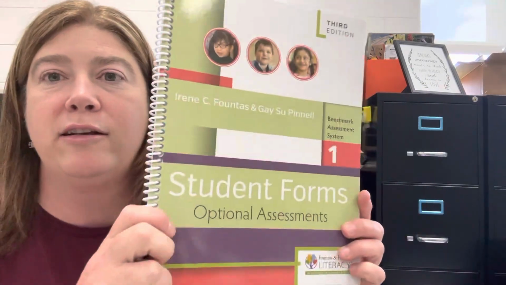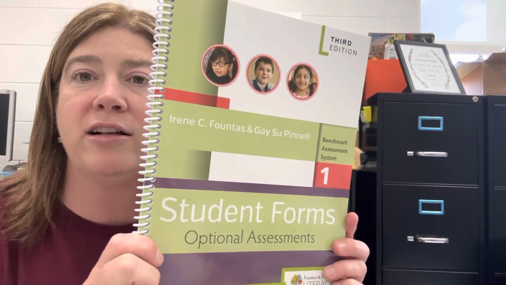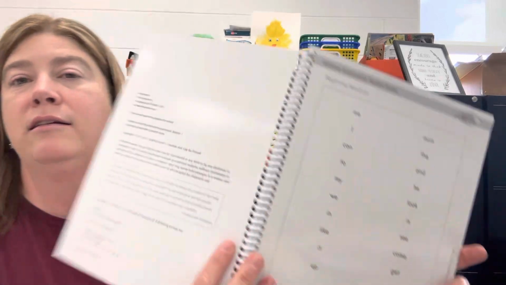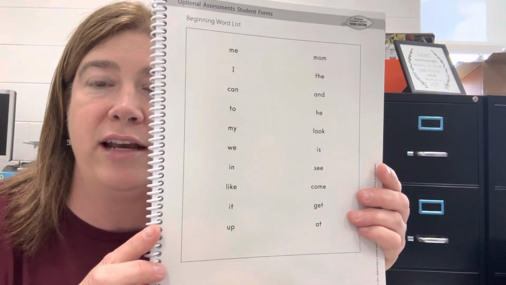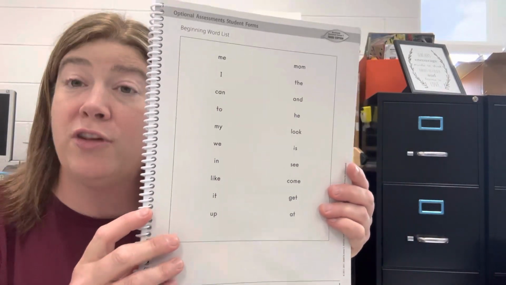If you have some students who are reading, I like to start them off with seeing what sight words they know. There's this little book in your box. It's optional assessments, and it has the word list already there for you. So you can give them the word list, and then it tells you what level would be a good level to start them at on the running record.